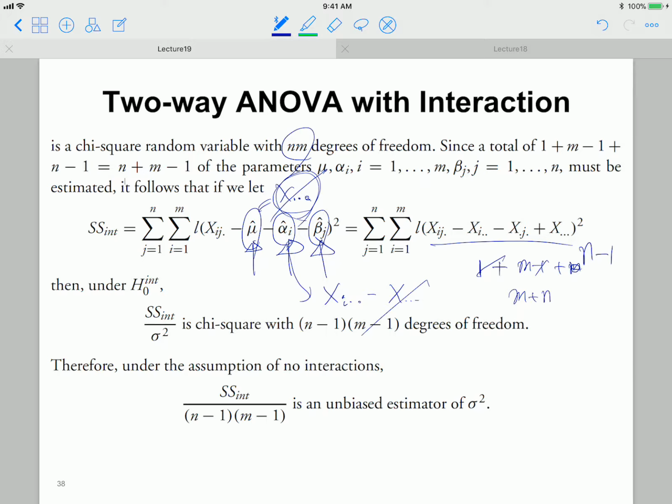So m plus n minus 1 is the number of actual parameters to estimate, and m times n minus this value is the final degree of freedom. If we factor them out, it's m minus 1 times n minus 1, which is our final degree of freedom, right?